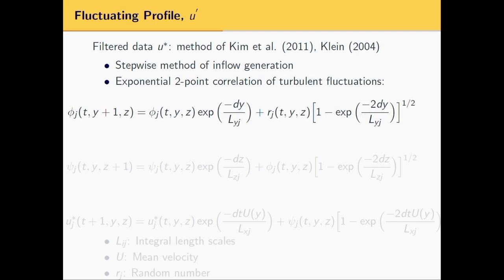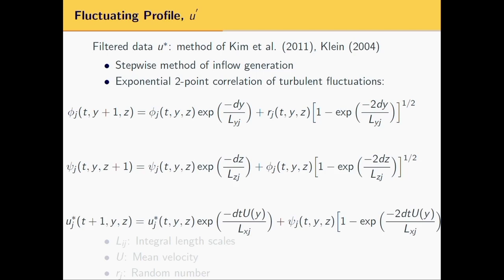In the y direction, we iterate along the grid in y, and to find the correlation at the next step, we combine the current step in accordance with this exponential law, and then a random number contributing the rest of it, basically. And in principle, this is then repeated in the z direction, and then again in the streamwise direction.